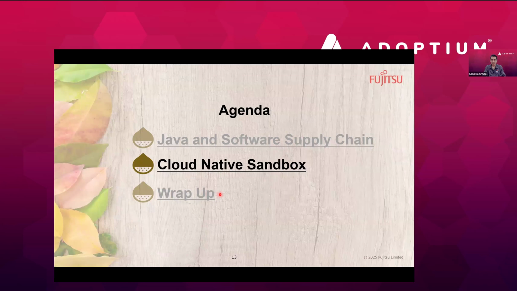So now we have learned that we need some sandboxes, but Java Security Manager was already deprecated in the recent JDK. So the question is, how do we build the next generation of sandboxes?